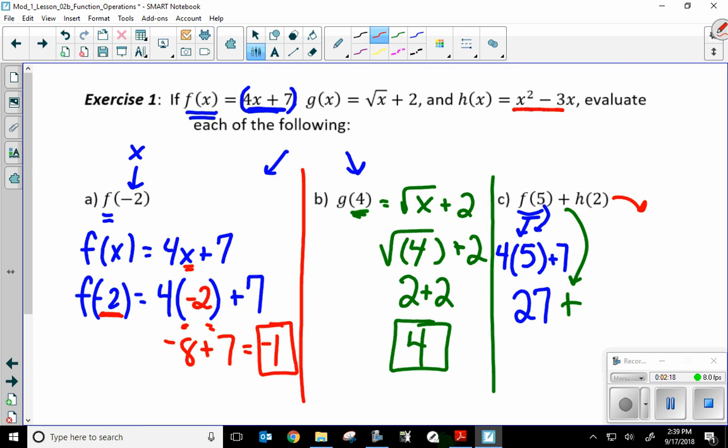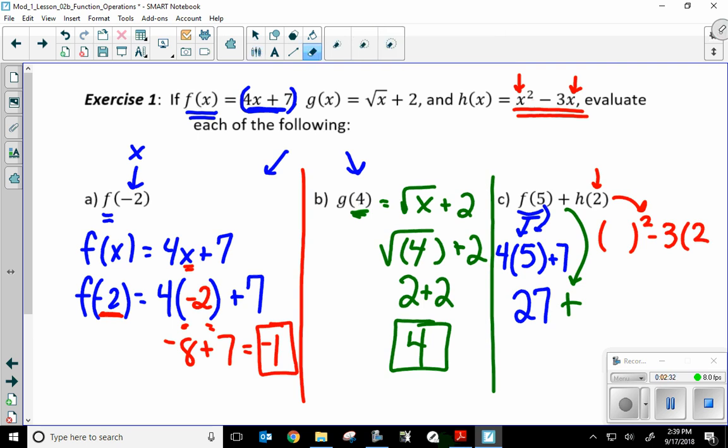Here's h. Now you'll notice I have two variables that I want to plug in my number 2 for. So I have x squared minus 3 times x. It was x squared minus 3x again.